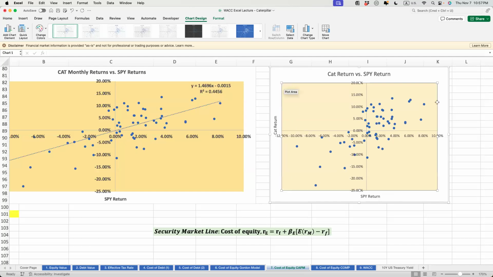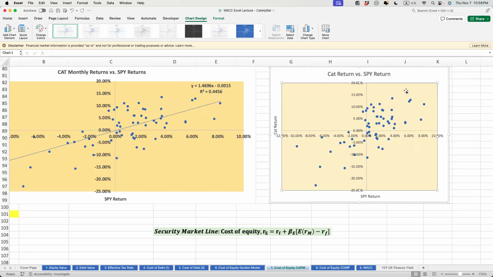By looking at this chart, I know sometimes you may feel this is hard, but looking at these scattered points, roughly speaking, SPY return and Caterpillar return have a positive linear relationship. Generally speaking, when SPY return goes up, we see Caterpillar return also going up.